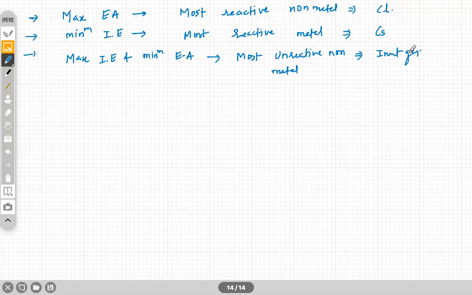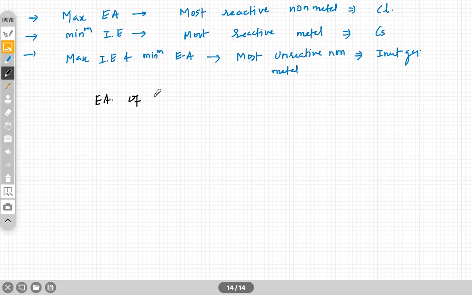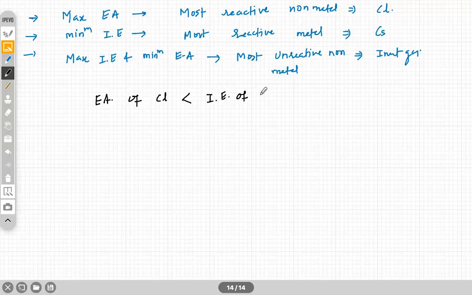In fact, the last point here, the electron affinity of chlorine, Cl, right? Maximum electron affinity. It is in fact lesser than the minimum ionization energy, that is for cesium. So cesium has minimum ionization energy.